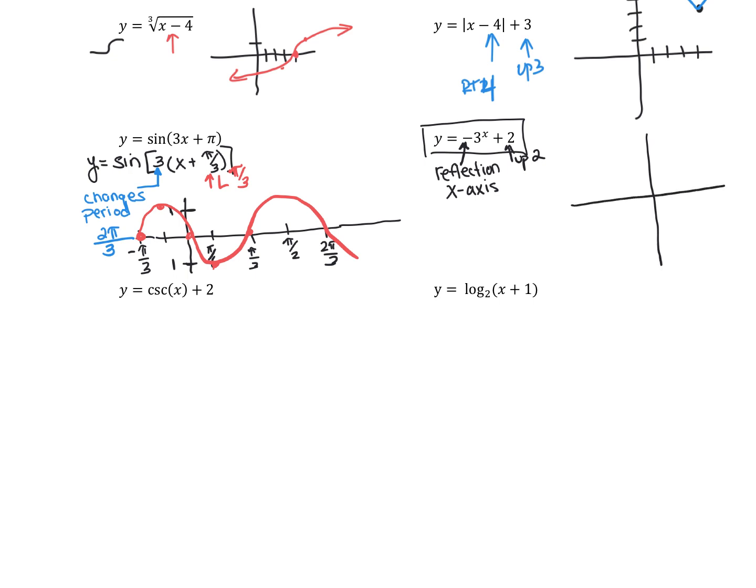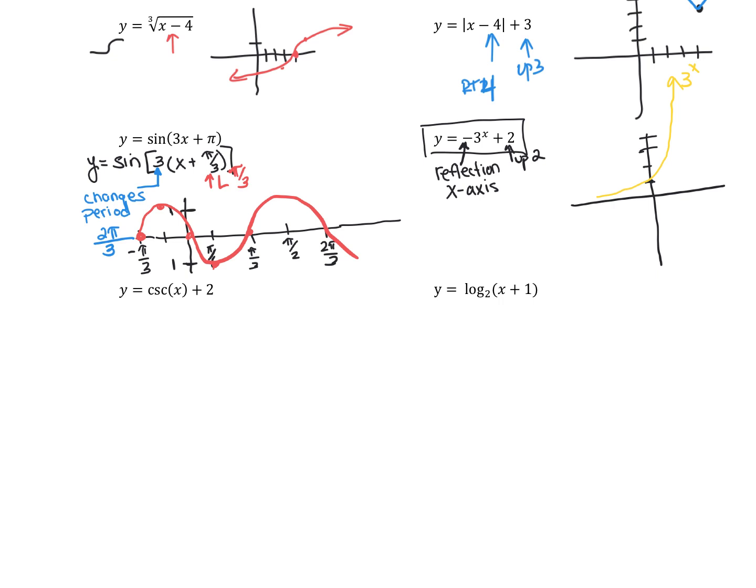So, a normal 3 to the x would go through the point 0, 1, and it might look something like this. That's just a normal 3 to the x. But we've done a couple things to it.